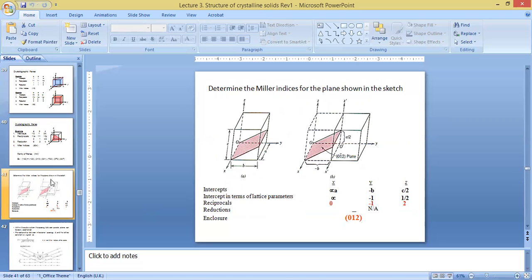Okay, here's an example here also. Let's try this. Determine the Miller indices for the plane shown in the sketch. So I hope you see the sketch there. That's a 0, -1, 2 plane.